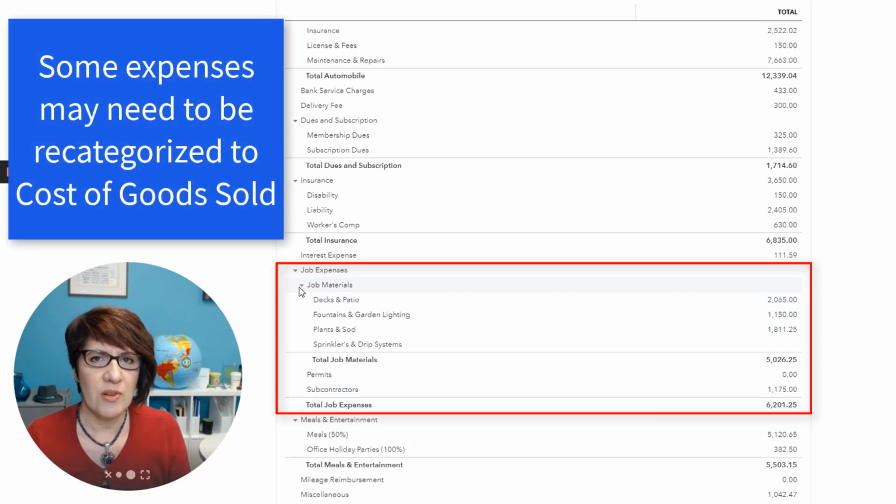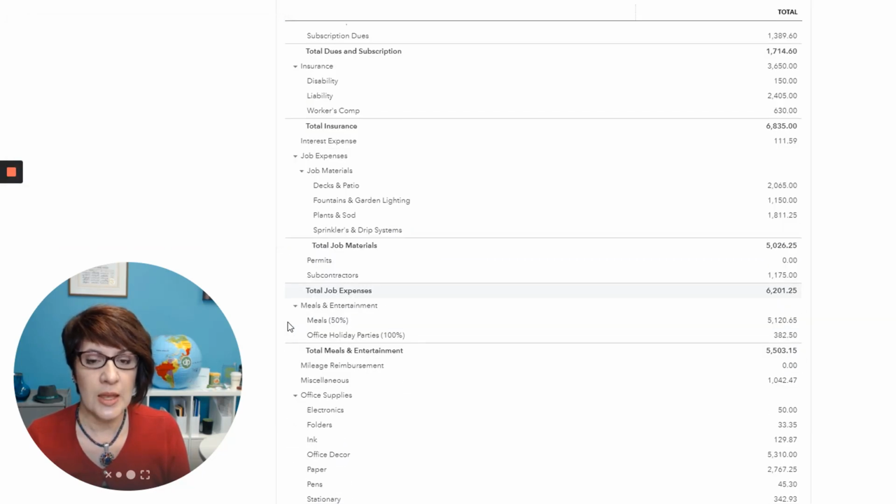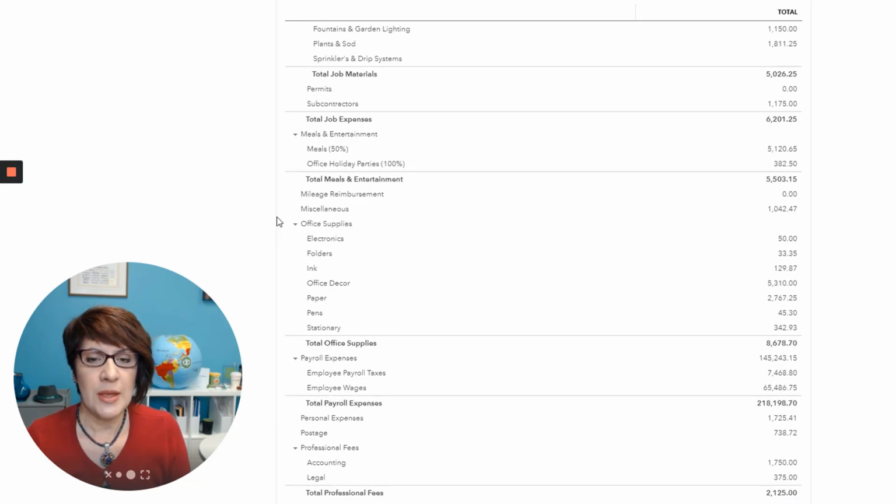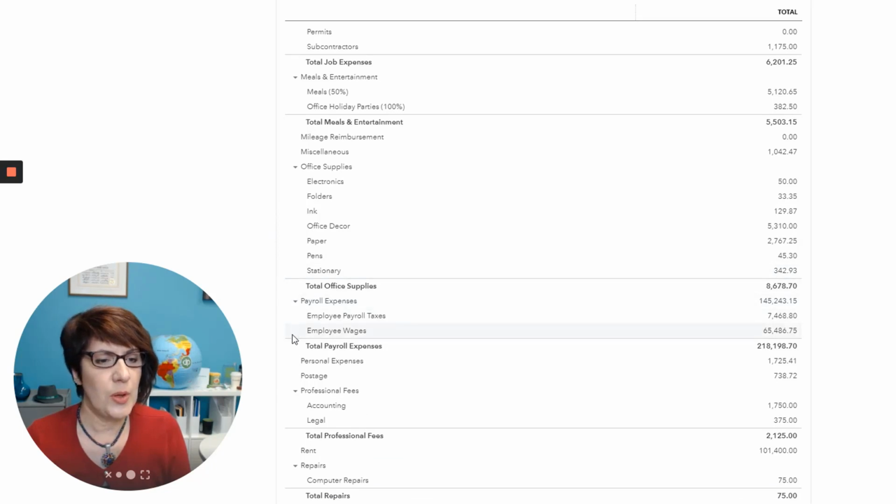I would probably have a conversation with the client to determine the nature of these expenses and make a proper determination whether these should be recategorized to cost of goods sold. So these would be something that would fall under my radar, and I would check with the client, assess it and make a proper decision after I talk to them. Then we have meals and entertainment, office supplies, payroll.